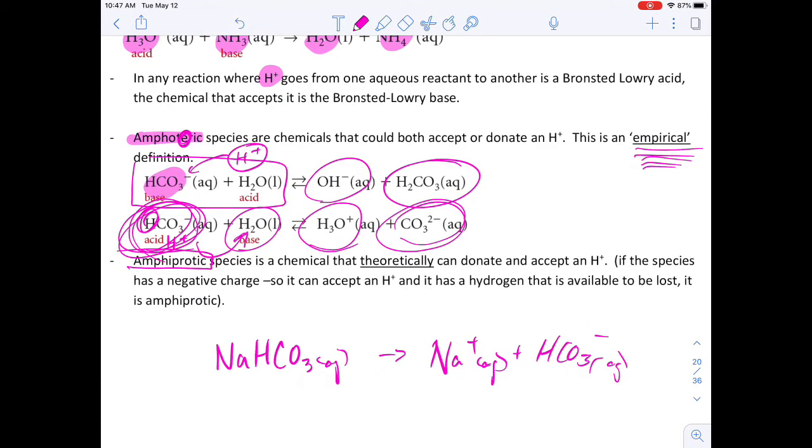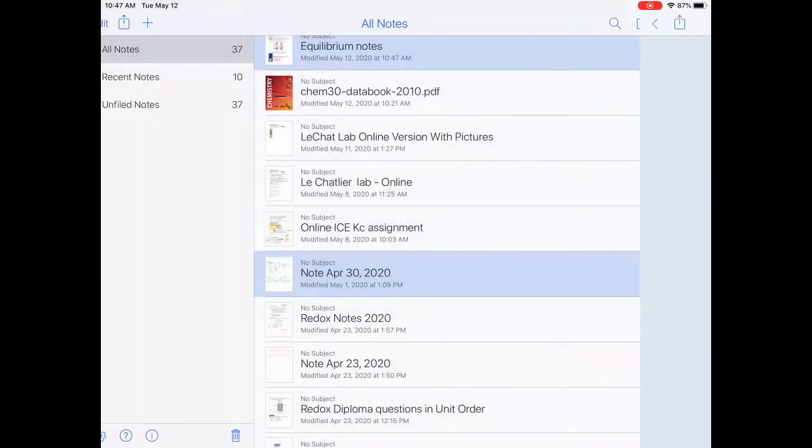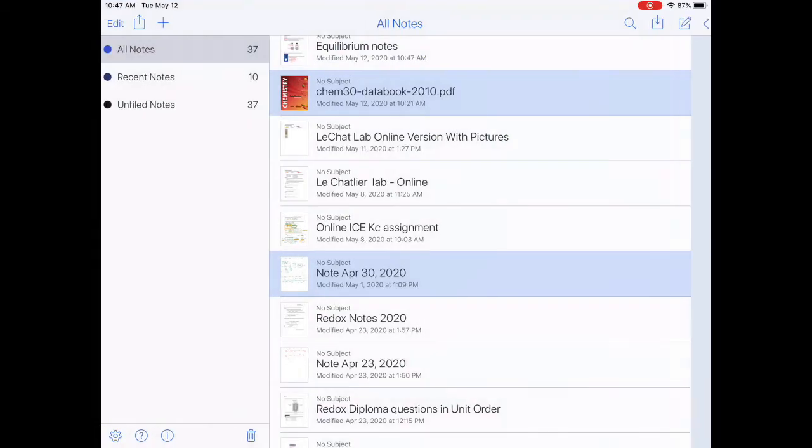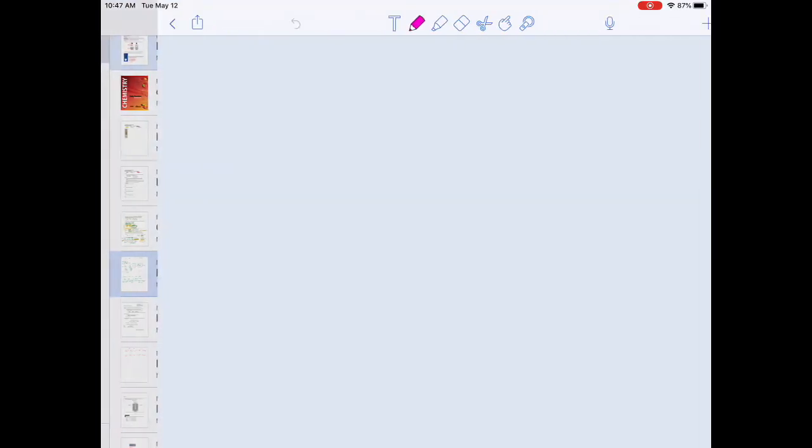So the hydrogen carbonate is amphoteric if it's experimentally shown to act as an acid and a base, and it's amphiprotic if it just looks like it could be, like it should be able to donate a proton or accept a proton. We will see a few examples of those in our data booklet, and I'll show you those another time.